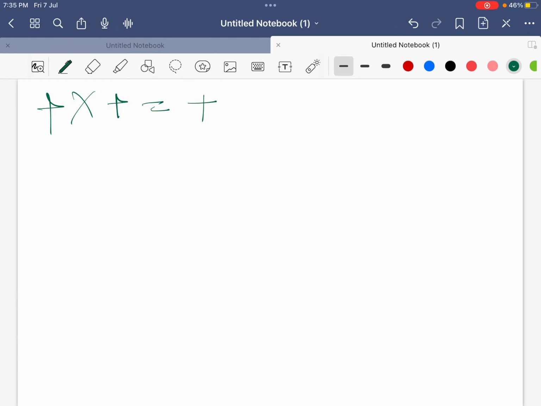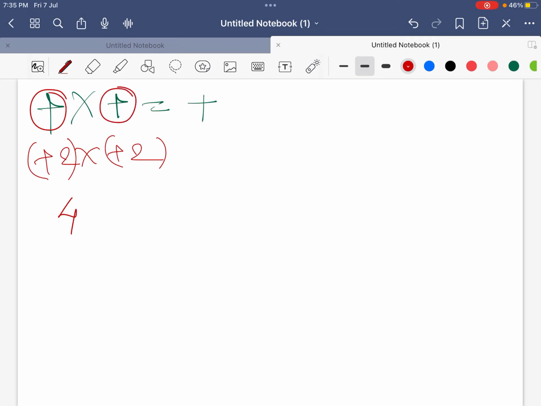Now if the situation is like that, both numbers are positive, means plus 2 into plus 2. Take a simple example, +2 into +2. Write the number in a bracket so that we know. So 2 2s are 4. This is positive, the second term is also positive, then the answer is also positive. So you will get the answer equal to 4.